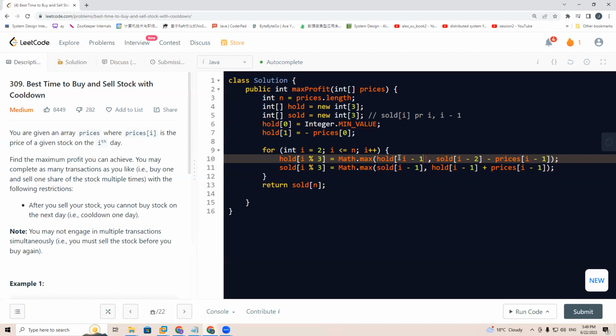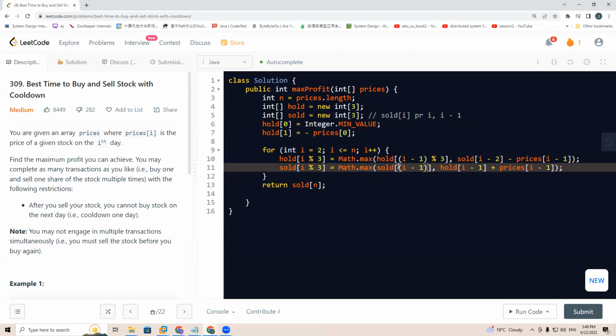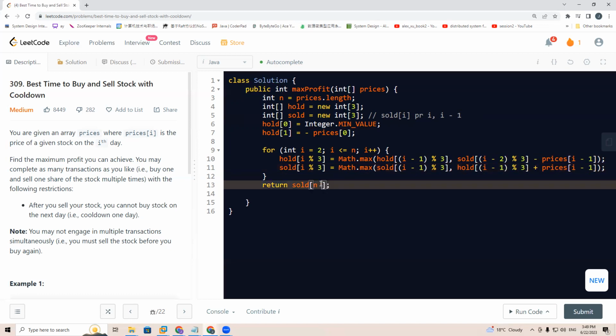Mod 3 here, and this one mod 3, and this one mod 3. Return this mod 3.